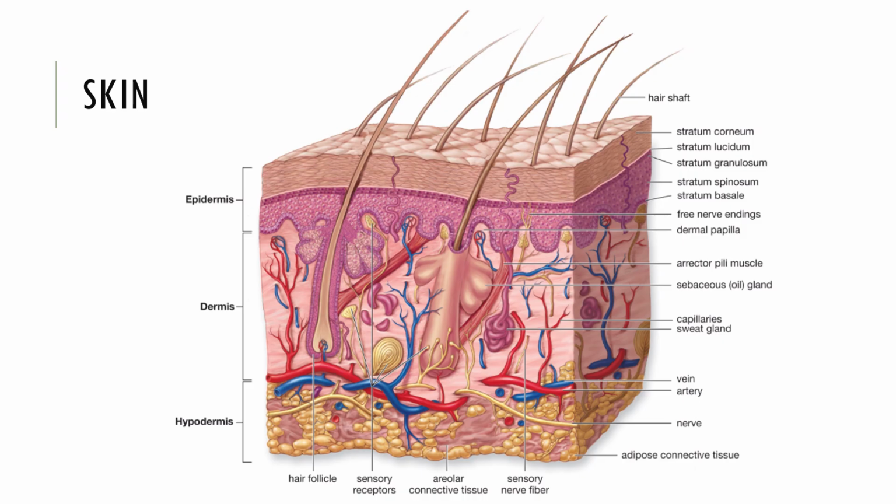It contains several sublayers, which include the stratum basale. This is the deepest layer where cells are produced. These new cells are produced by mitosis. New cells divide at the bottom layer called the stratum basale.